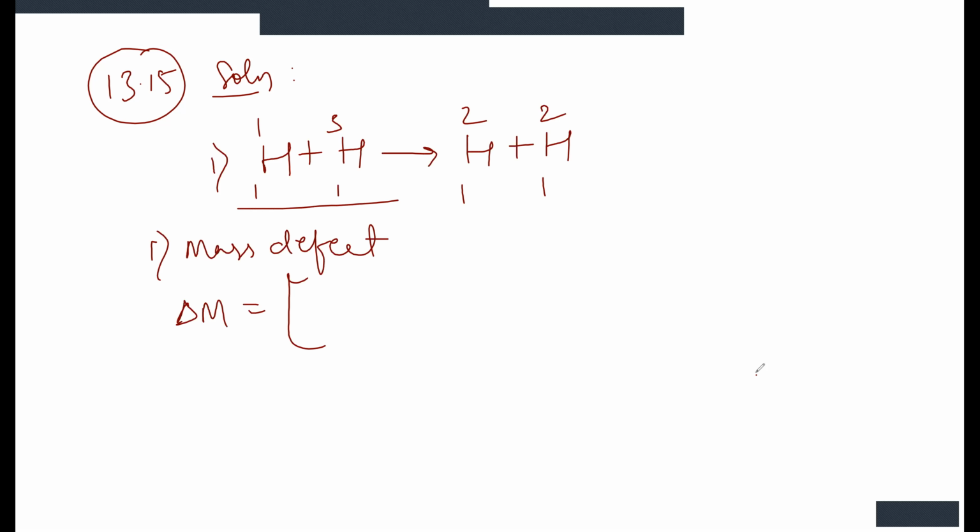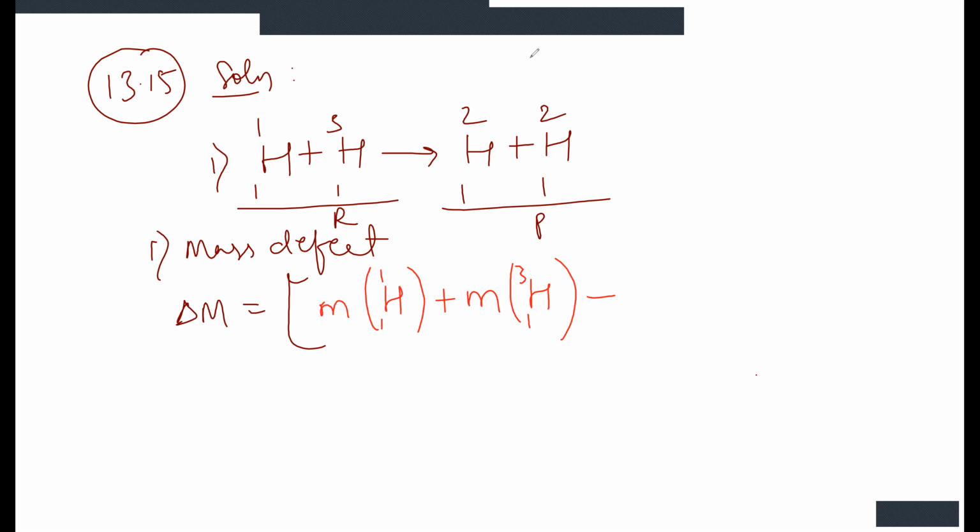reactants minus products. So delta M is equal to mass of hydrogen having mass number 1 plus mass of hydrogen having mass number 3, this is the reactant, minus the products, we have to write mass of hydrogen having mass number 2 plus mass of hydrogen having mass number 2.